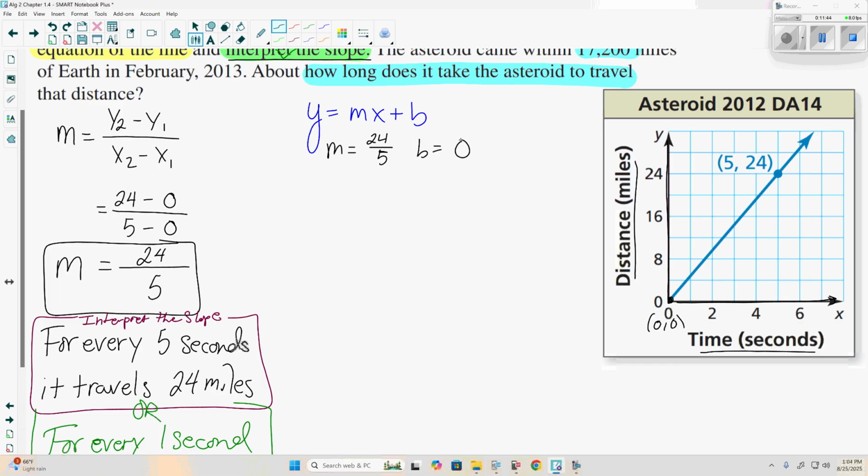The value of b is 0. It's the y value at the y-intercept. So we could take these values and plug them in, telling us that y equals 24/5 x plus 0. We can simplify this to just 24/5 x.